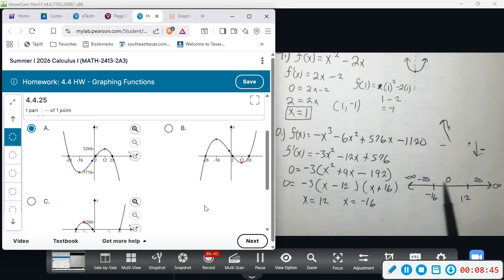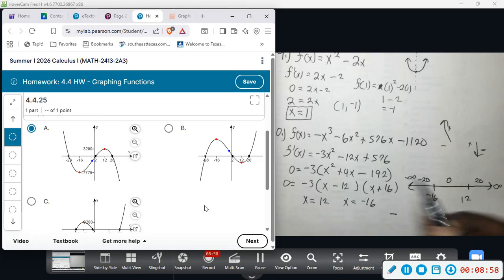We're going to plug these values into this factored form, and we're looking for positive or negative. I don't care about anything else. So the problem starts out with the negative out front. So I have a negative number out front. If I plug in negative 20, negative minus a negative is going to give me more negative. So I got a negative times a negative here, and then still plugging in that negative 20, negative 20 plus 16, you'll subtract, and we'll still get another negative.